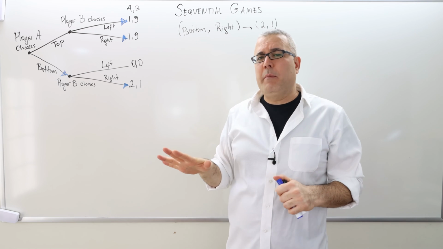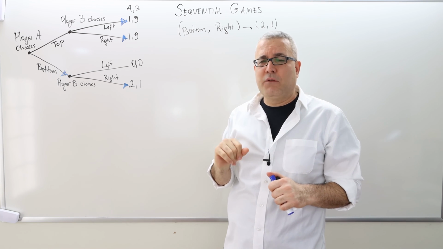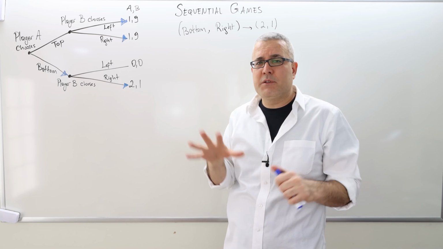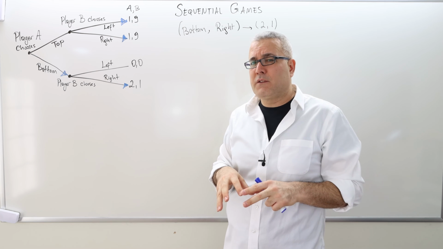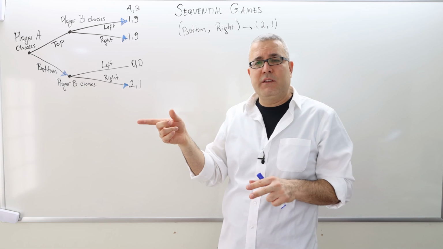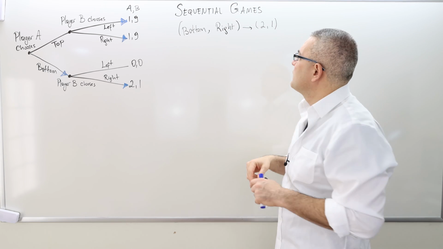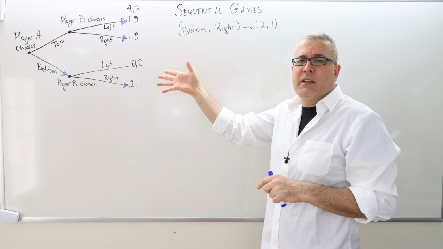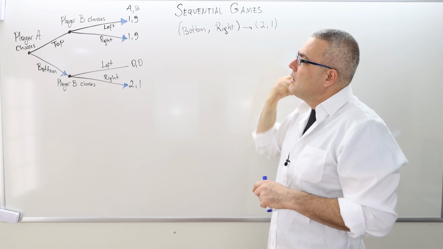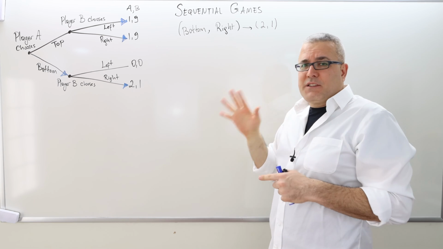So we don't talk about strategies and subgame perfect Nash equilibrium in an intermediate microeconomics course. If you're interested in those materials, you should definitely take the game theory course. But the backward induction solution of this game is bottom right with the payoff 2-1. That's the solution.